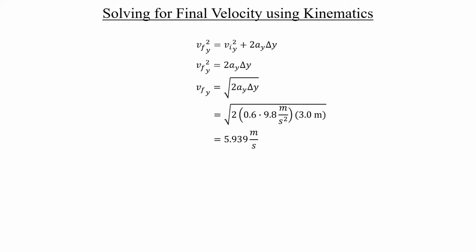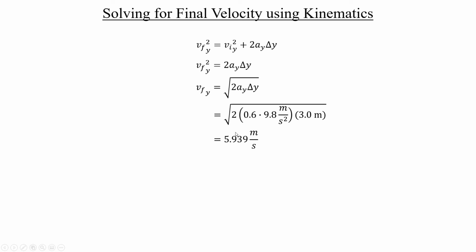Now, remember, we have to deal with significant figures. In the problem description, we were given a number with 3 significant figures, the 1.60, and then one with 2 significant figures, the 3.0 meter value. We have to give our final answer to the smallest number of significant figures from the problem description.